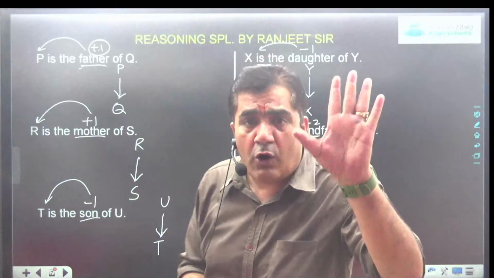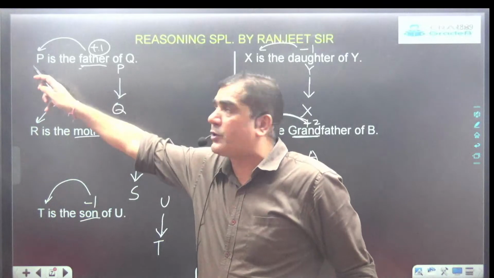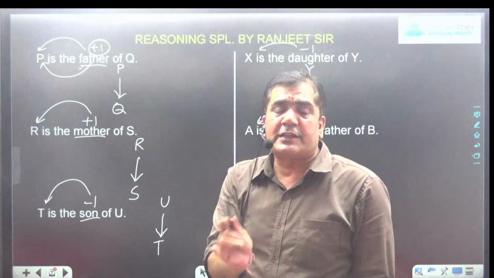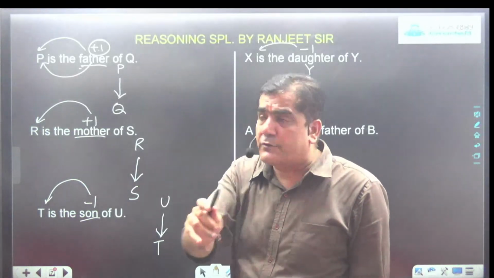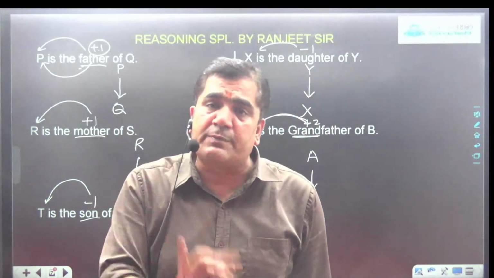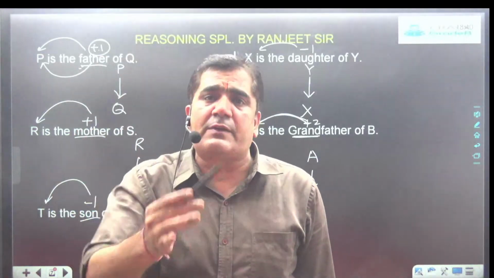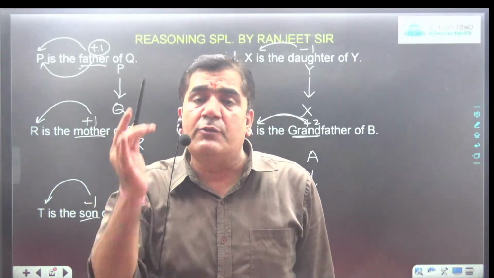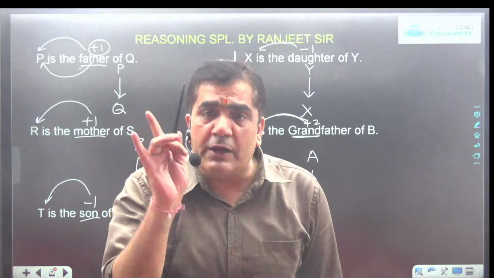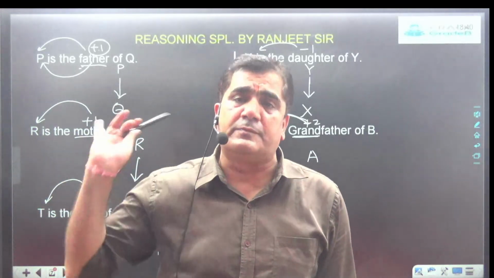For gender, you always get the gender of the first person, because the relation is given for the first person. Only in one relation, husband-wife, you will get the gender of the last person also. Other than husband-wife, you will only get the gender for the first variable. Husband-wife is the only relation where you get the gender for both variables in the problem.